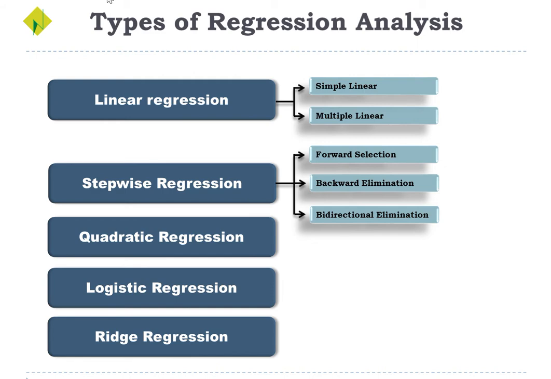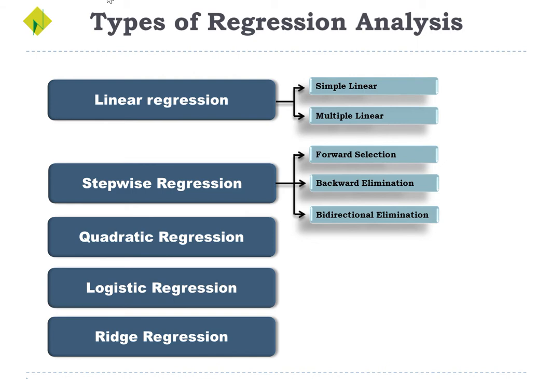The next one is stepwise. Suppose we have multiple variables, then we can go for stepwise, which is also a better choice. As we already saw, stepwise has three types. Forward selection starts with the most significant predictor in the model and adds a variable at each step.